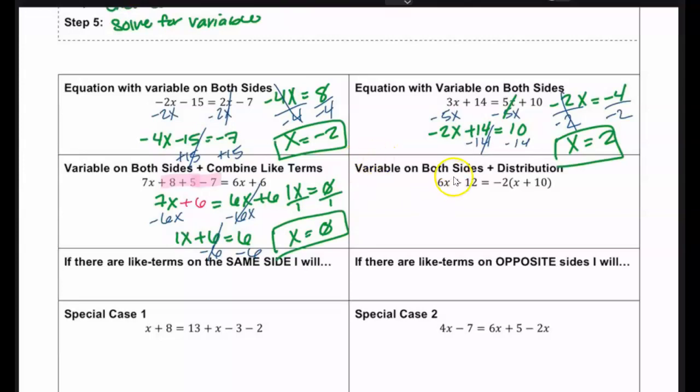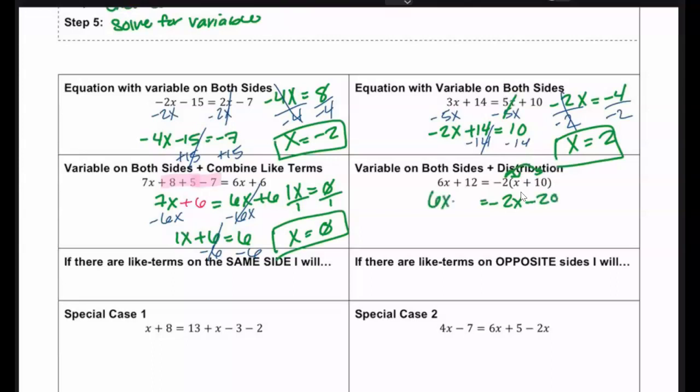In this case, as the title kind of tells us, we can distribute. So we're going to distribute that negative 2. So that's our first step. Since we're going to distribute on the right, we are not going to do anything on the left. So we're going to do negative 2 times x, which is negative 2x, negative 2 times 10, which is negative 20.